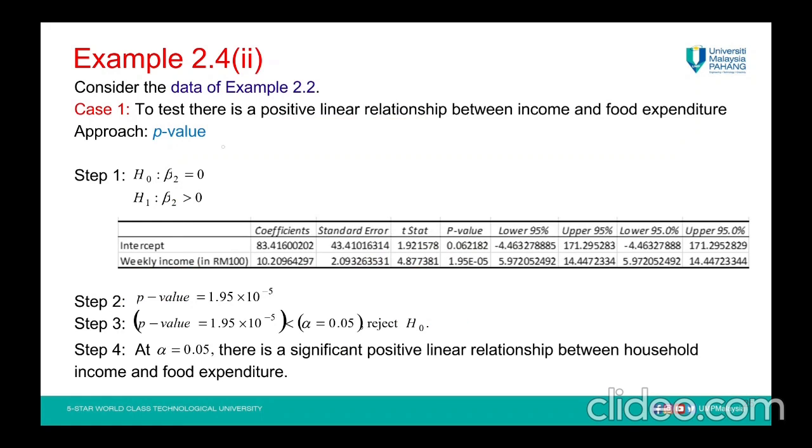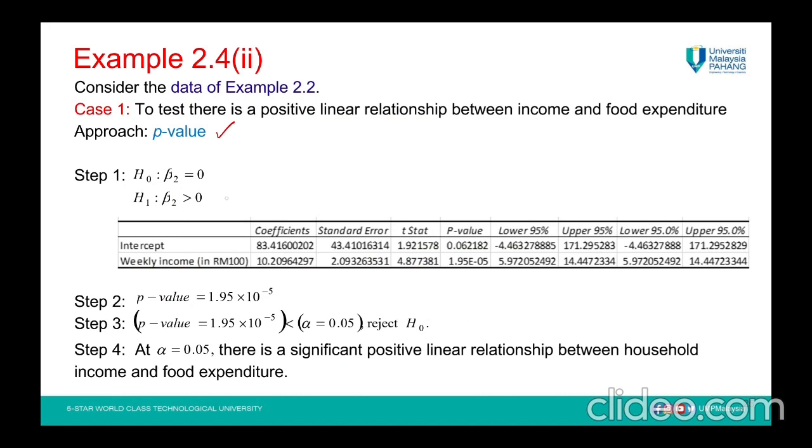Discussing example 2.42. The case of hypothesis in this example is the same as example 2.41, where the difference between them is the approach used. In this example, we will use the p-value approach. Basically, there are 4 steps in hypothesis testing using the p-value approach.